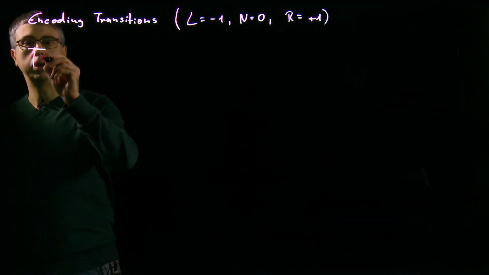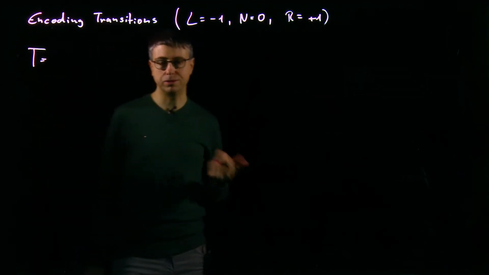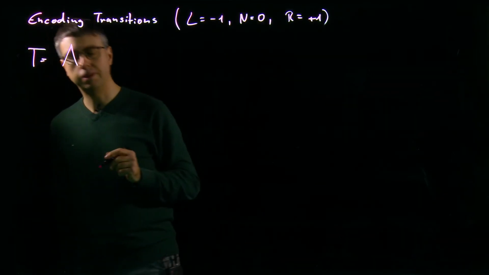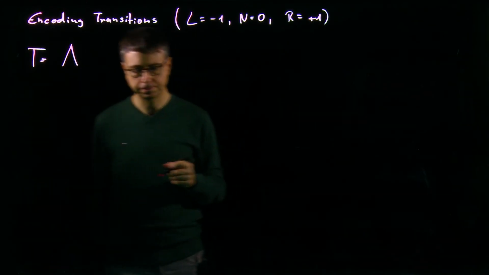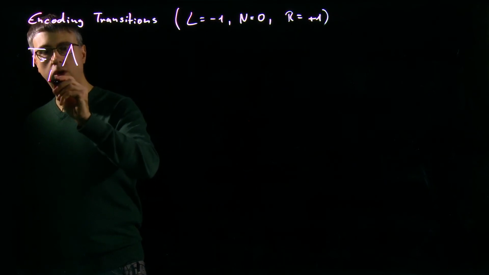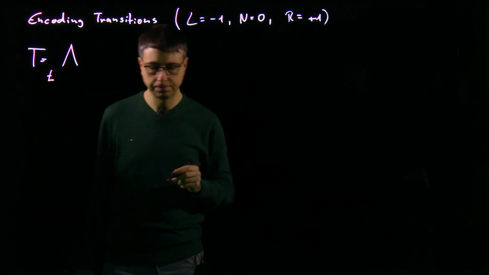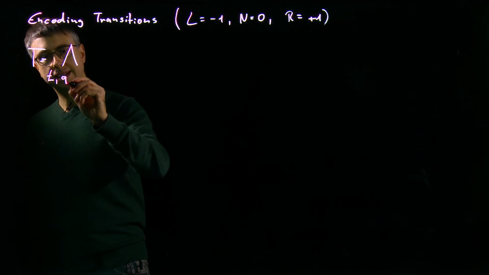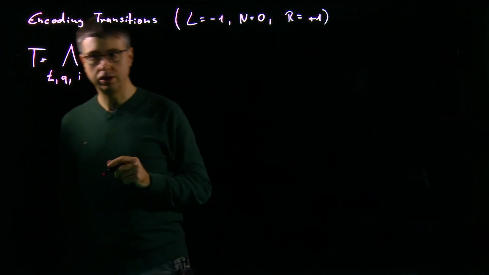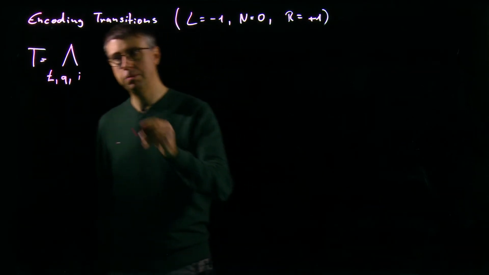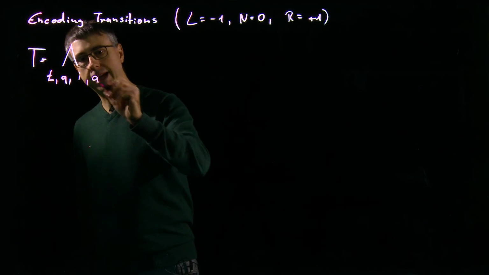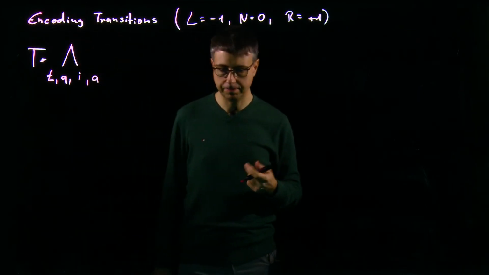The formula we'll get, I'll call T for transitions, and this one encodes the behavior of the Turing machine. We consider all the points in time, T, all the possible states, Q, all the possible positions on the tape, I, and all the possible letters, A, that could be on the tape.